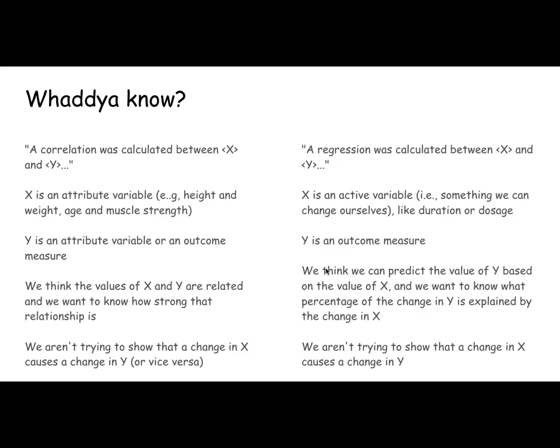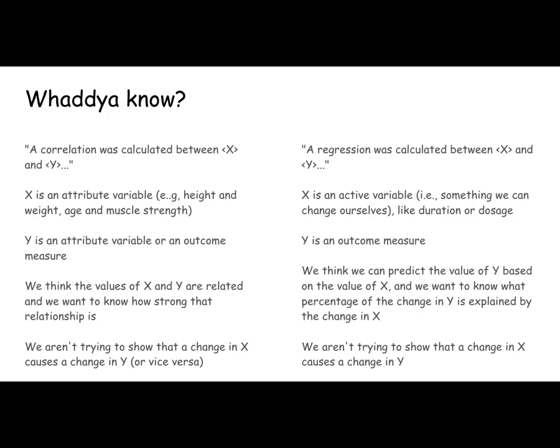So if you're reading a paper and it says a correlation was calculated between two variables, then you can be pretty sure, or this should at least clue you to start thinking, x is some kind of attribute variable, something we can't set, right? So it's height or weight, age.